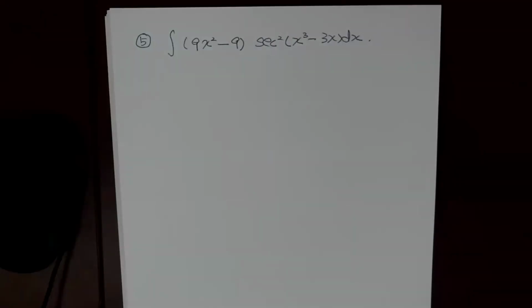What you know is if you differentiate tangent, then you will get secant squared. When you integrate secant squared, you will get tangent. But the problem is secant function is a composite function. So we have to think about what the derivative of the inner function is.